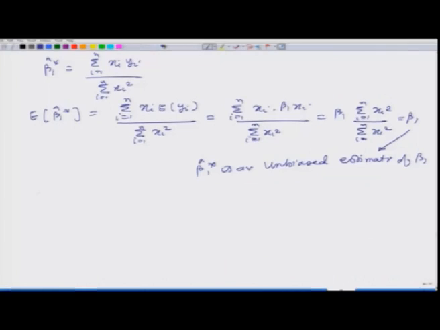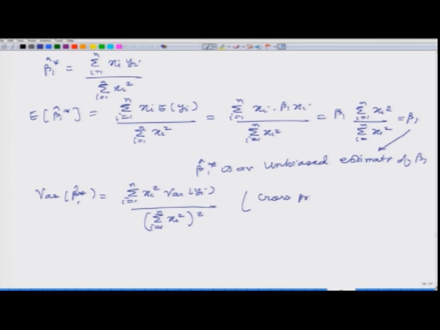Right. Similarly, if I try to find out the variance of beta 1 hat star, this is nothing but summation i goes from 1 to n xi square times variance of yi, divided by summation i goes from 1 to n xi square, whole square, and the cross product terms become equal to 0 because we have assumed that y1, y2, ..., yn are independent, and we have already established that variance of yi is sigma square.